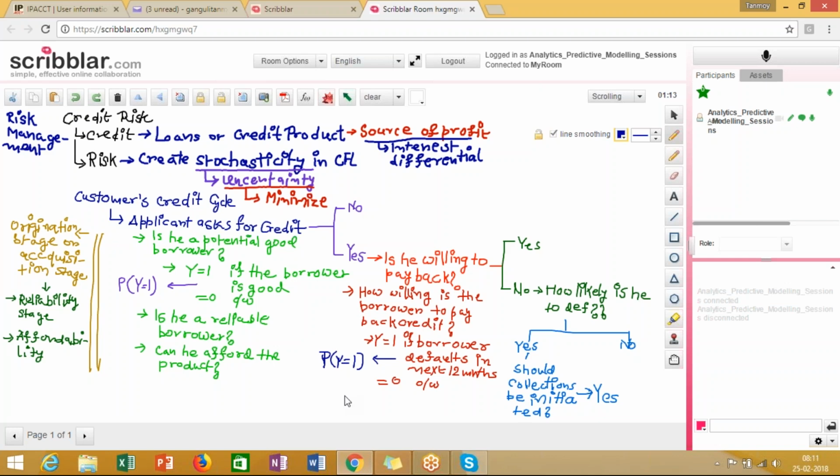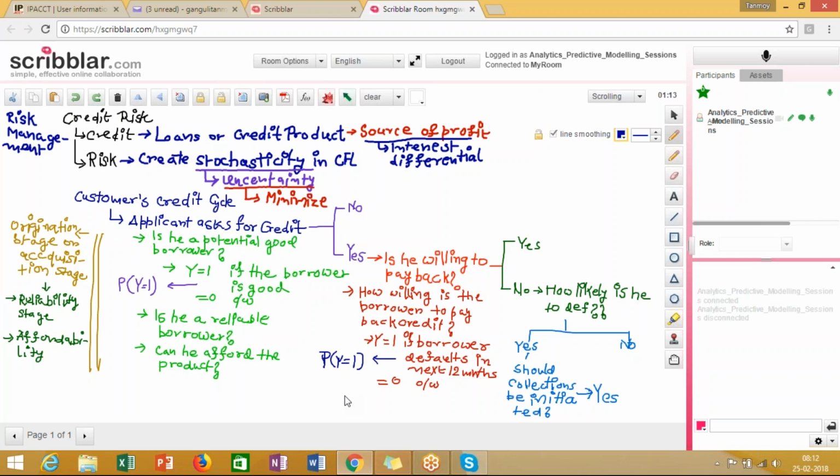So at any point of time, we are generally looking to predict the probability of a borrower to default in the next 12 months. The reason is that I always keep my provisions, I keep my costs, I make my cost allocations, I keep my funds accordingly, on an annual basis.